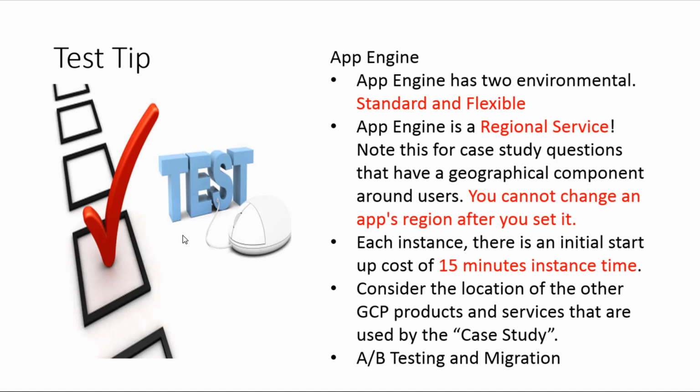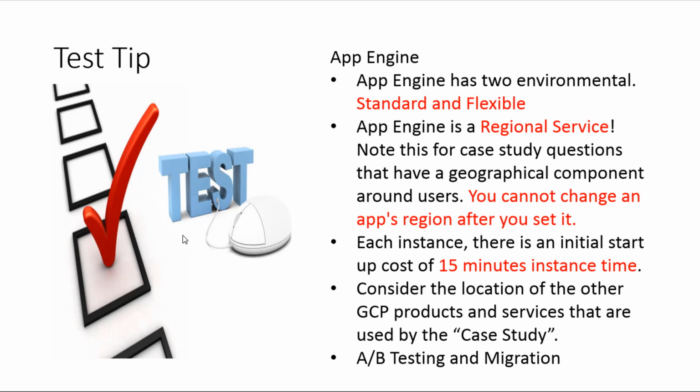Now, each instance, there is an initial start of up to 15 minutes instance time. That is in the flexible environment. So just be aware of that. Consider the location of your products as well. When I say products, I mean GCP services that we're using.